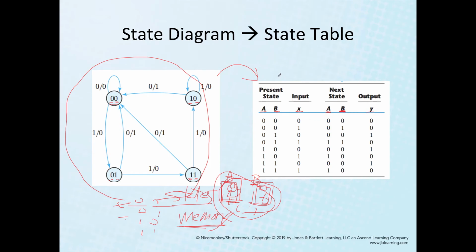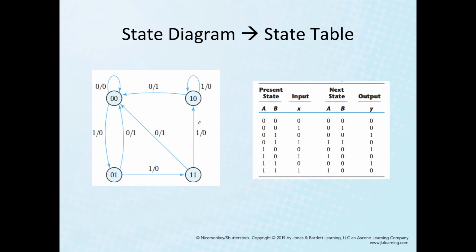So that is a state table. We have the present state, the current value in the flip-flops, and with the input, on the next clock tick the flip-flops change their values to the next state, and it produces an output like that. From this state diagram, we can construct such a state table.